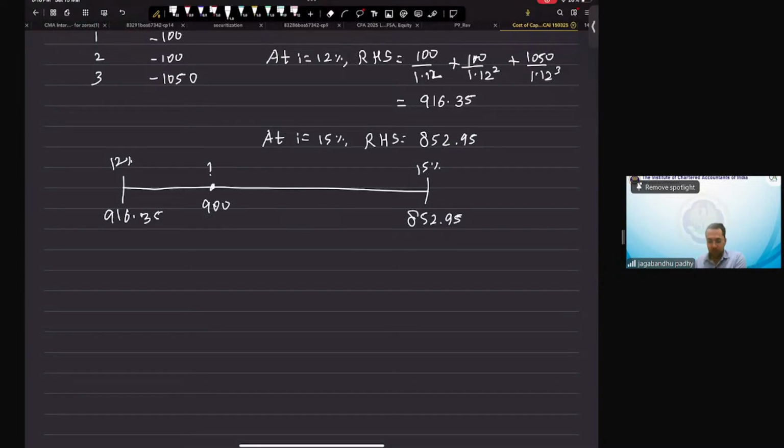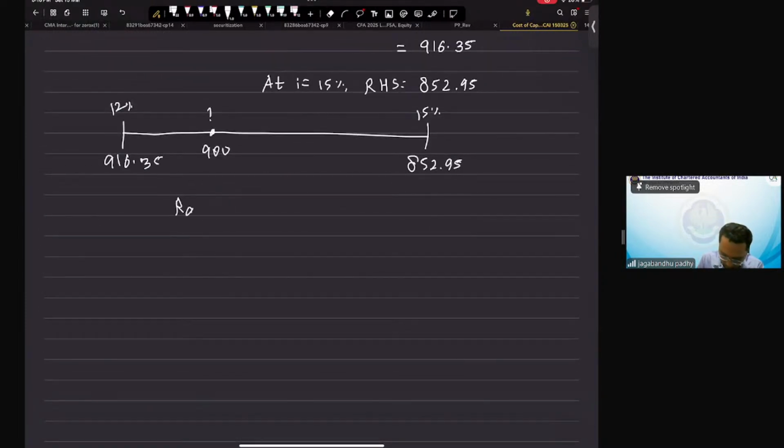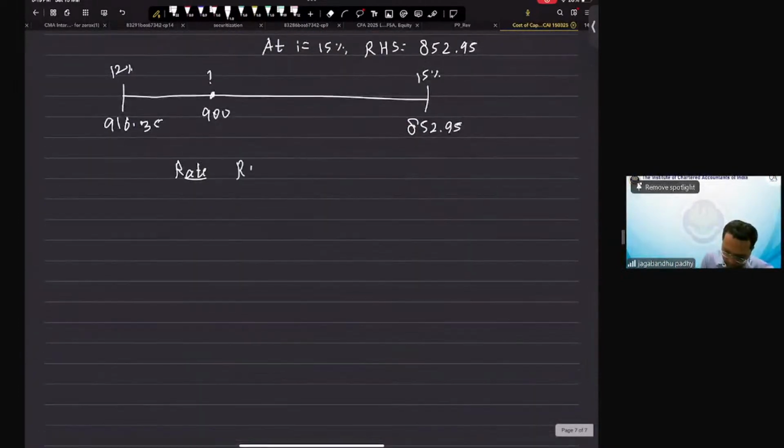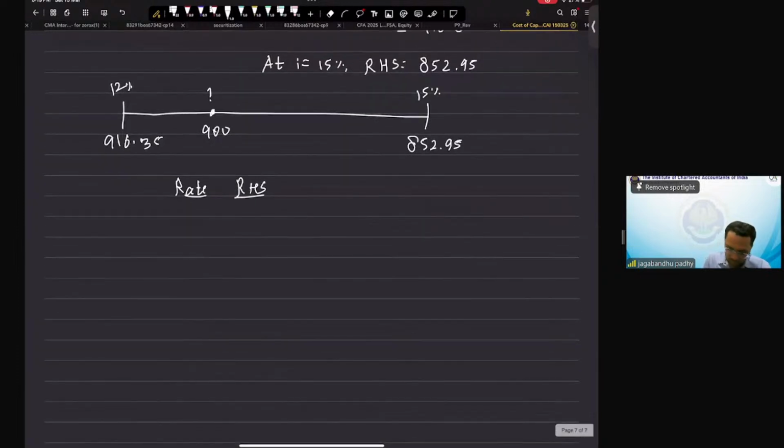So we'll talk of the rate and then the RHS value. Rate 12%, RHS is 916.35. At the rate of 15%, RHS is 852.95.